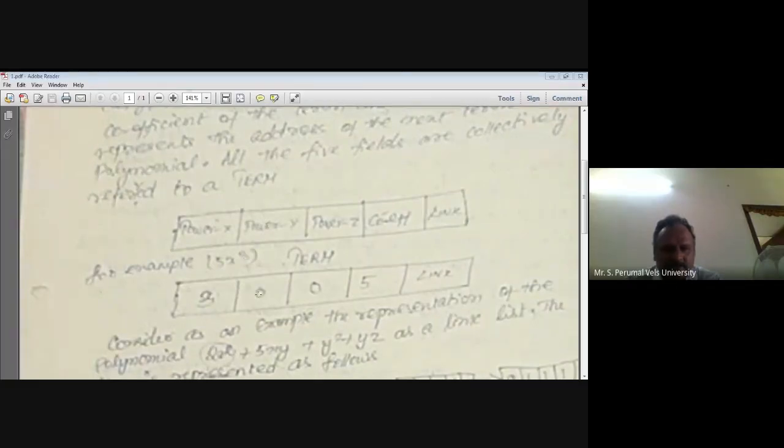Y does not have any value, so 0. Z does not have any value, so 0. The coefficient value is 5, so it is given here. And the last part is the link part. So this is how we are representing the values in the polynomials.